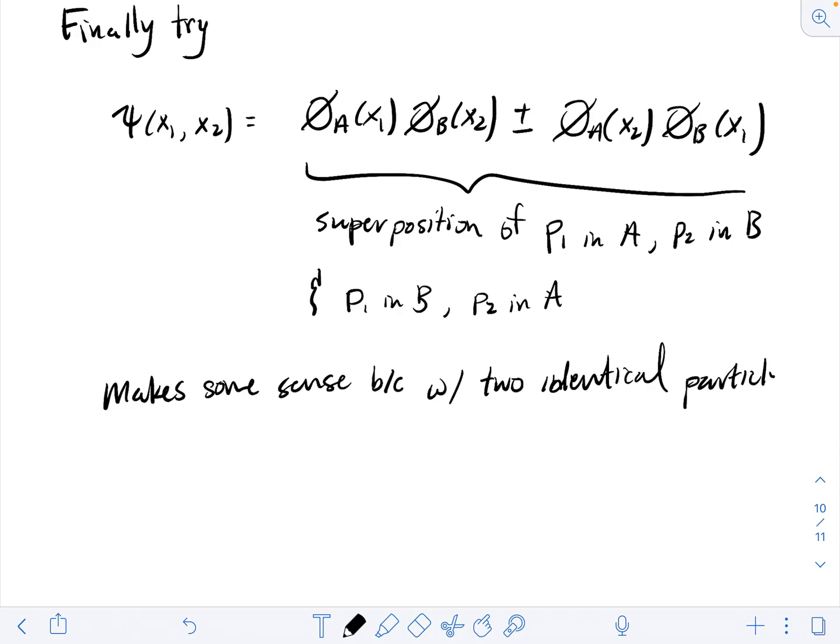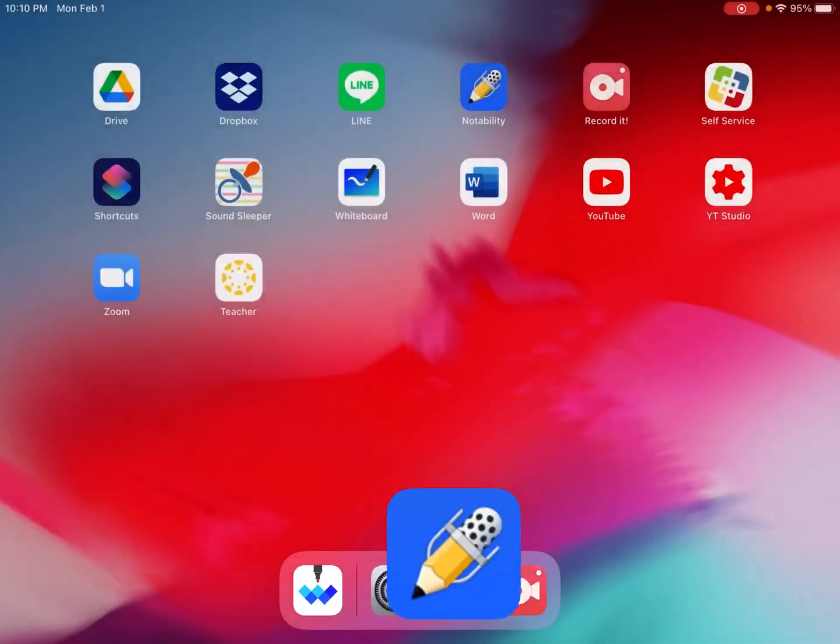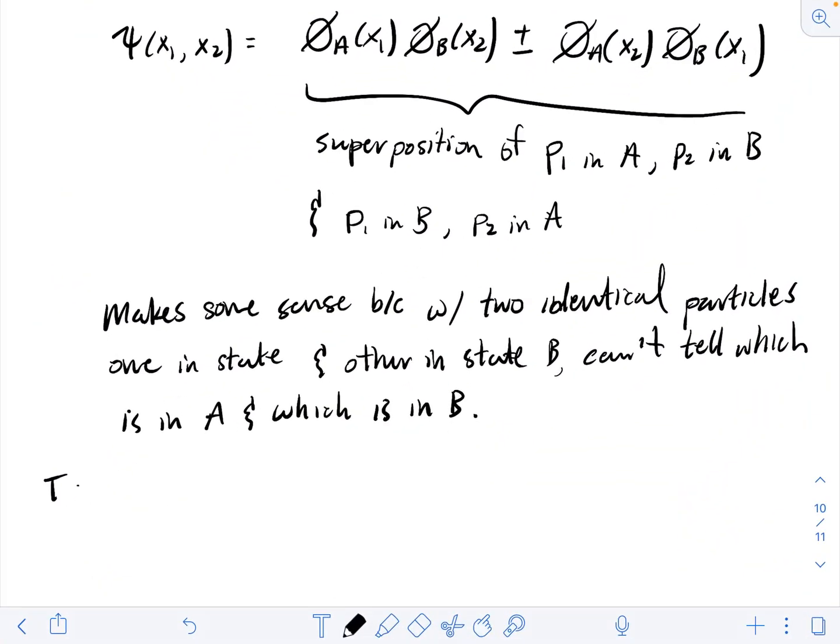Because with two identical particles, one in state A and the other in state B, we can't tell which particle, whether it's 1 or 2, is in A and which is in B. Okay, so let's try the exchange.